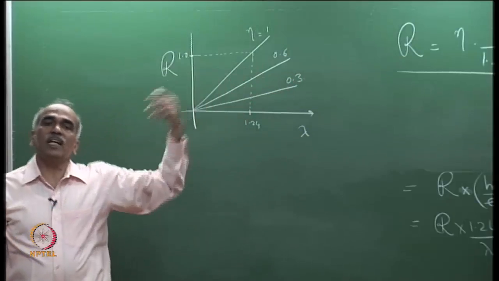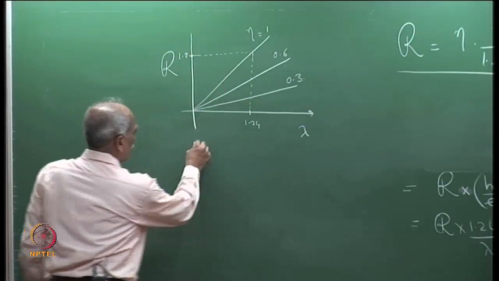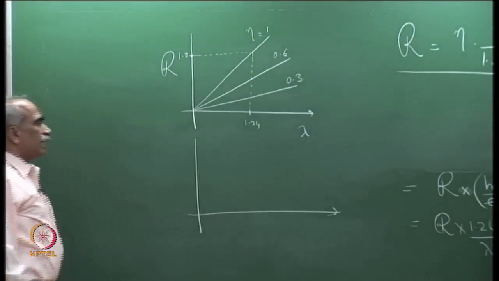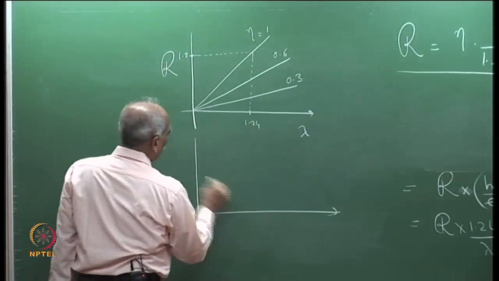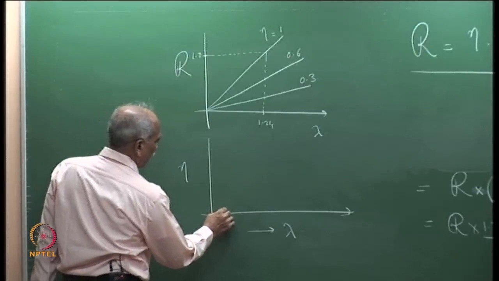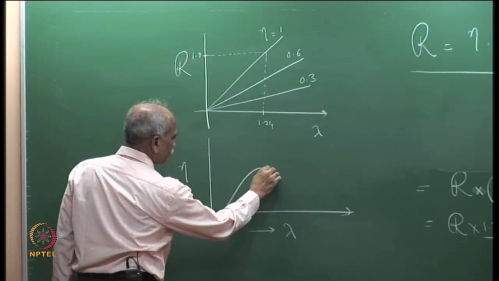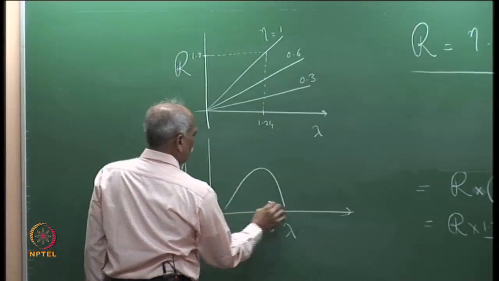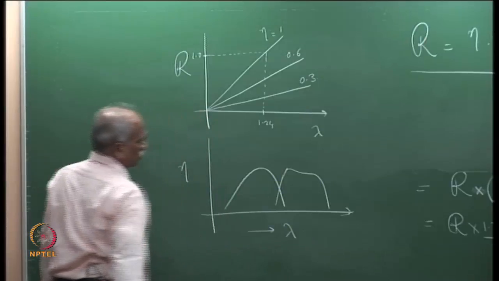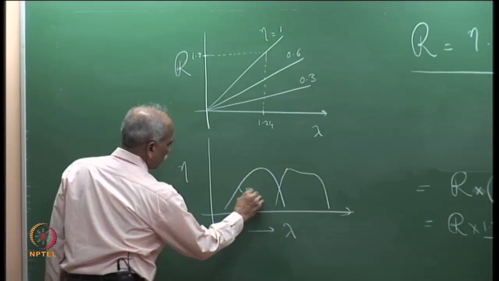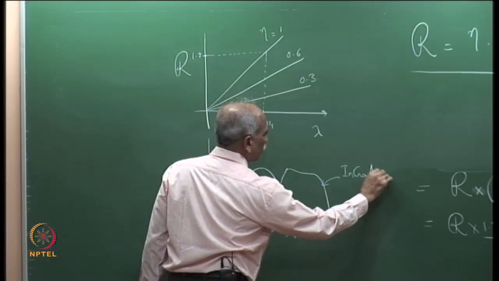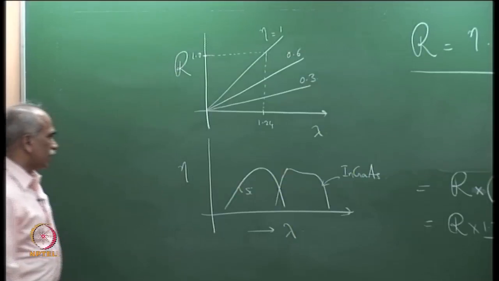But in practice, eta is not a constant. If you plot eta versus lambda for a typical detector, the response would look like this. This is for silicon and this is for indium gallium arsenide, two very important detector materials.